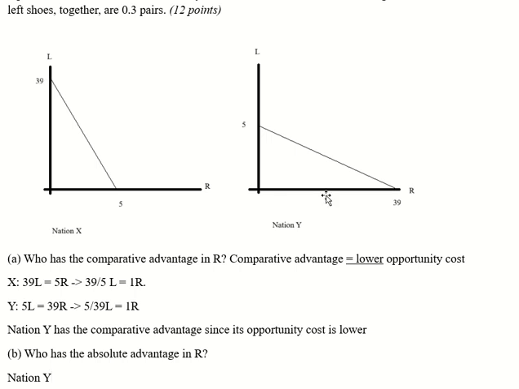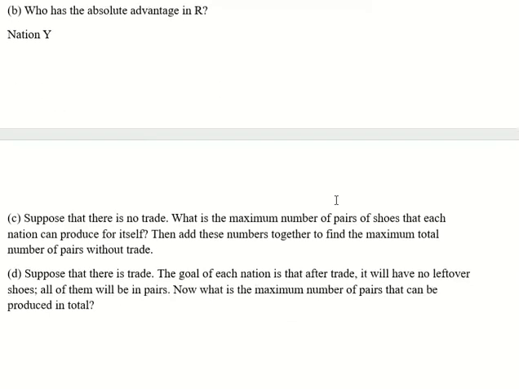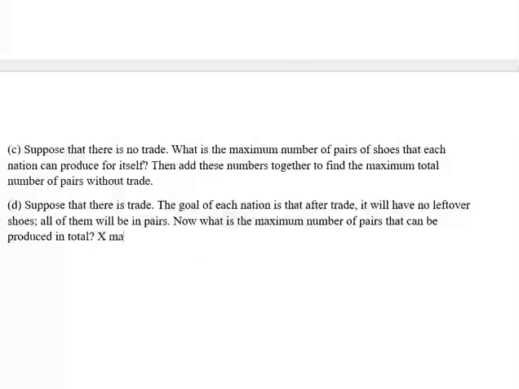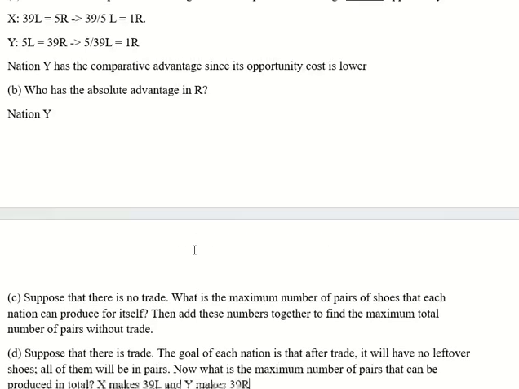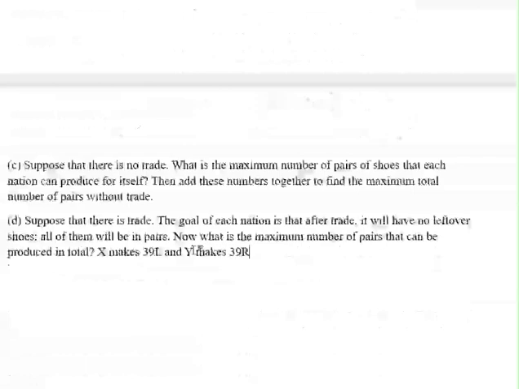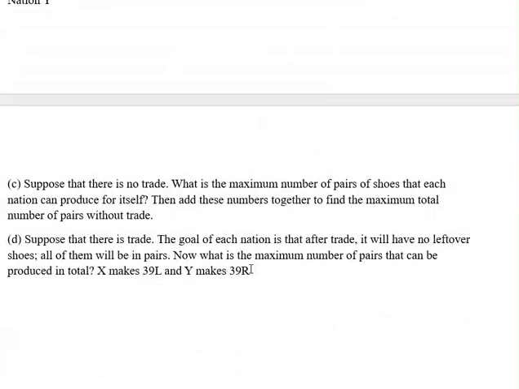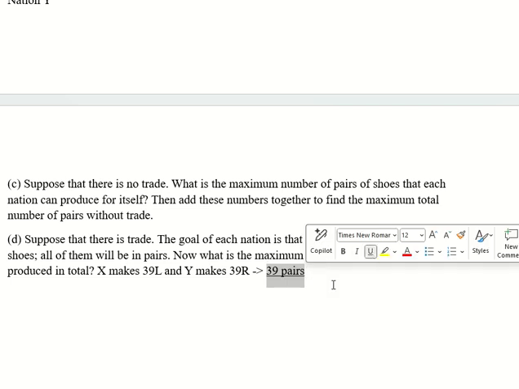So nation Y would make 39 right. So when you combine 39 left with 39 right, that gives you 39 pairs. So that'd be your answer.